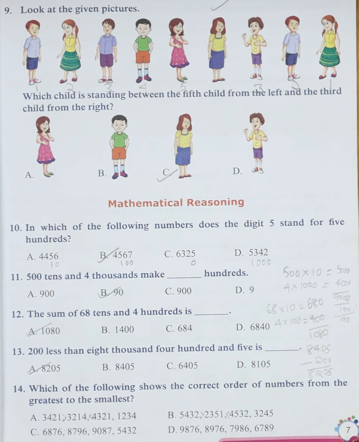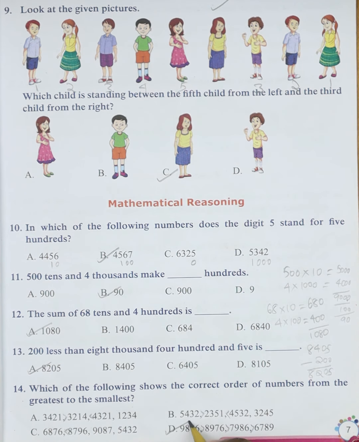So this is not greatest to smallest. So I'll move on to the next one, which is 6876, which is less than 8796. So again, this is not the greatest to the smallest series. So the last option is 9876, which is greater than 8976. 8976 is greater than 7986. 7986 is greater than 6789. So the option is D.